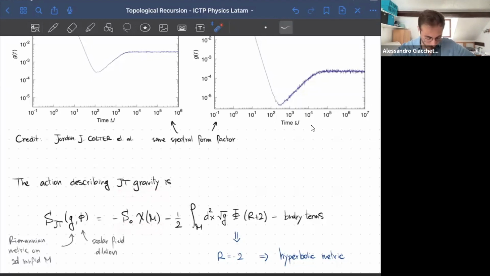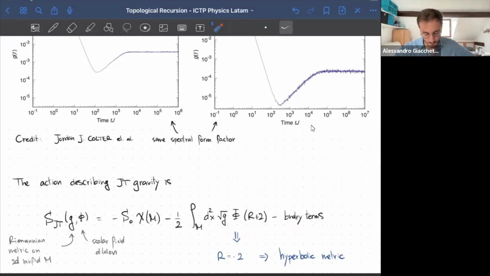And then there are more terms. The main one I want to focus on is this one, where you have the square root of the metric, the dilaton field, and then you have R+2, where R is the scalar curvature of the metric. And then you have some boundary terms that are not so important.